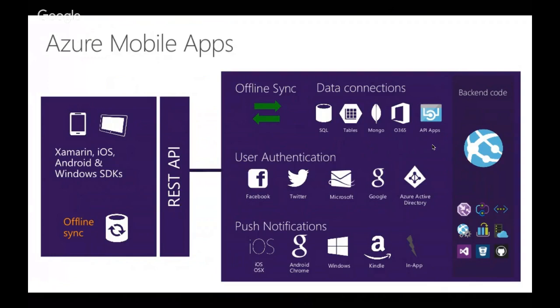Mobile apps also have the advantage of giving you authentication built in. So you can add to your application authentication with Facebook, Twitter, Microsoft, Google, or access to Azure Active Directory.